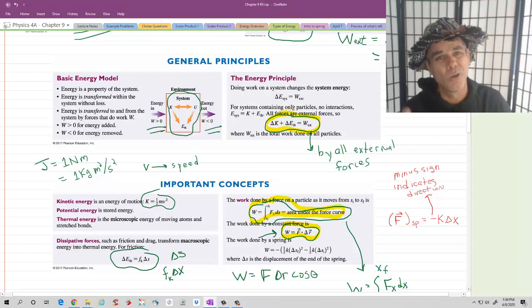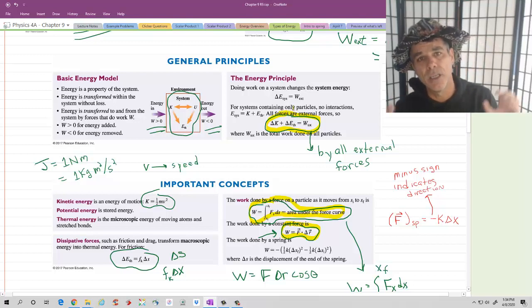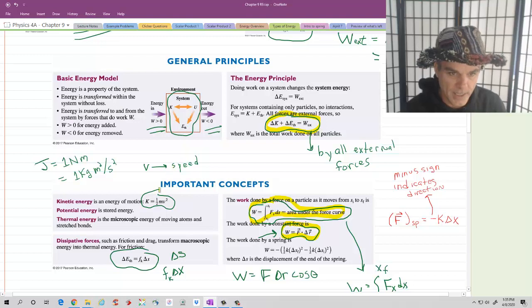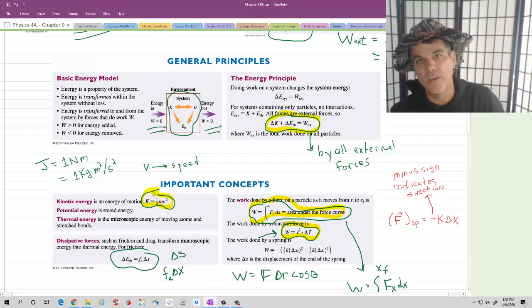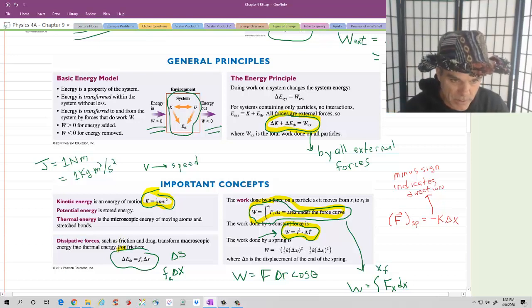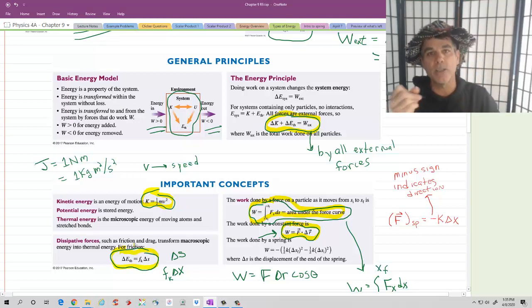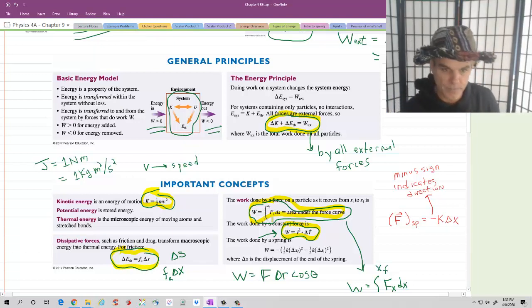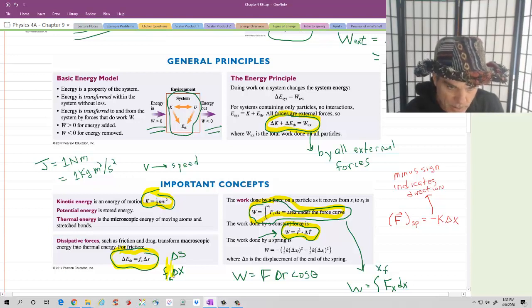And right now, we're only looking at kinetic energy and thermal energy. Kinetic energy is energy of motion. The equation is 1/2 mv squared, where v is the speed. Thermal energy is basically heat. And the equation for how much thermal energy increases is the force of kinetic friction times the displacement.